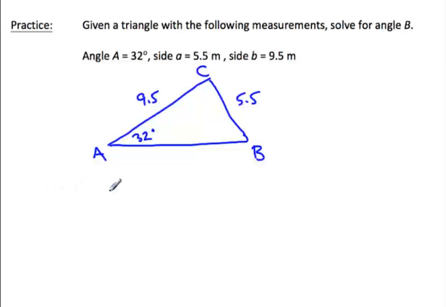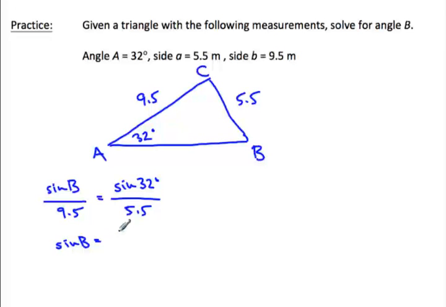So if we just go ahead and solve this, though, without working that out, setting up the sine law, we get sine B over 9.5 is equal to sine 32 degrees over 5.5. And rearranging, we get that sine B is equal to 9.5 sine 32 over 5.5.